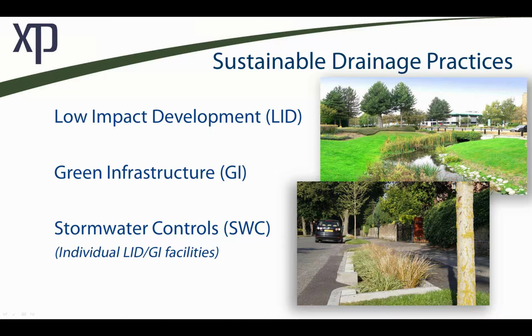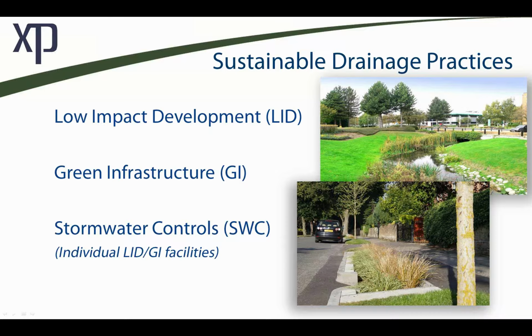Maybe increasingly more commonly, you're going to see green infrastructure, GI, be used to represent that greater idea of sustainable stormwater management. With that being the greater idea, there are the individual facilities which would make up this strategic plan for sustainable drainage.